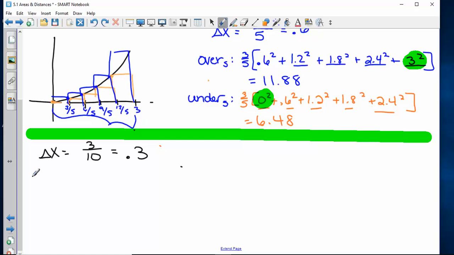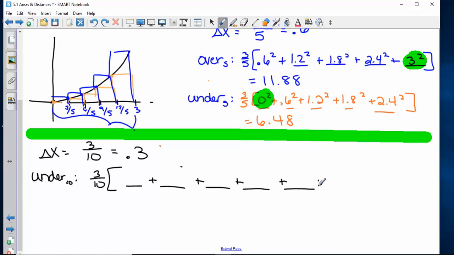So for one of them, you will start at your leftmost point. We'll start at the 0. Would that be the over or the under in this case? The under. So my underestimate with 10 rectangles. This time my width is 3/10, and we are going to add up 10 pieces. So you will start at the 0, and you're plugging it into the equation, which was x squared, so 0 squared.